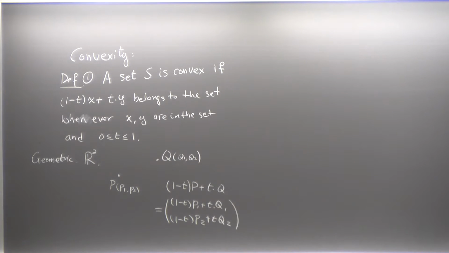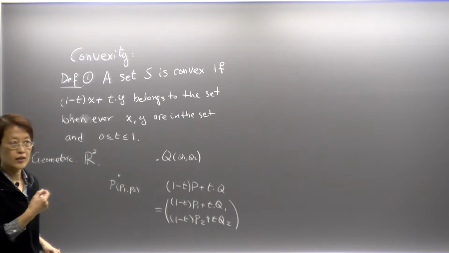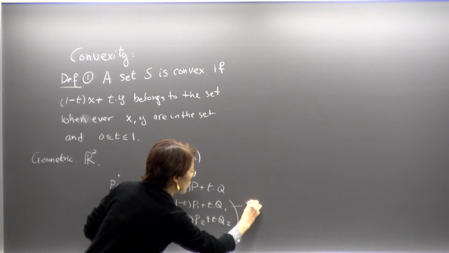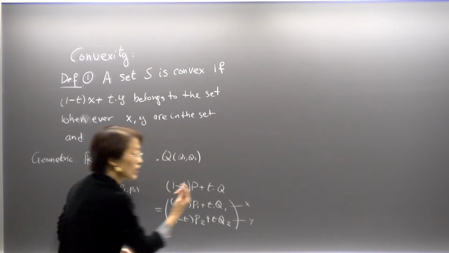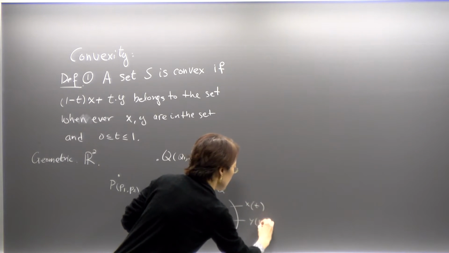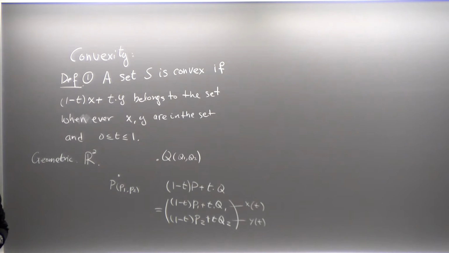So as t ranges from 0 to 1, how would this behave? You could think I'm looking for a curve in the two-dimensional space where this is your x coordinate and this is the y coordinate, and t is my parameter, so it's a parameterized curve. Is that right? So when t equals 0, where will I be?